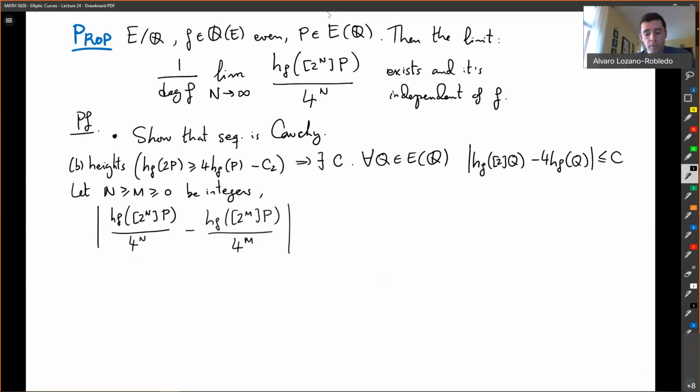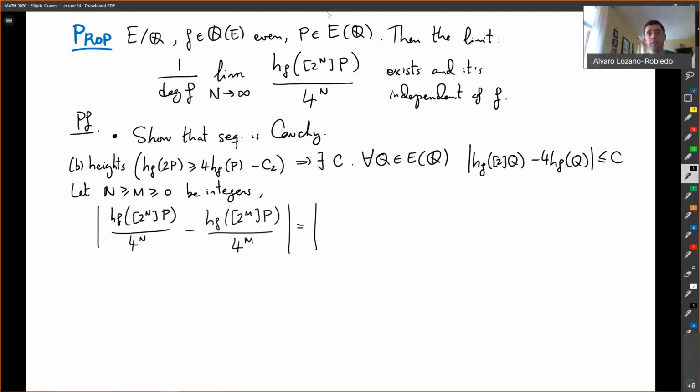So I need to bound that somehow. All right, so what I'm going to do is make a telescoping sum. I'm going to add and subtract all the terms in between the nth term and the mth term.